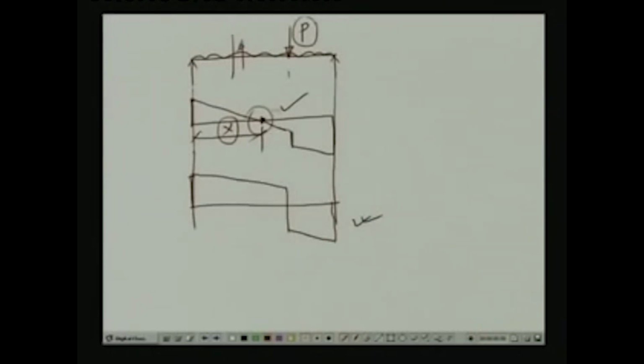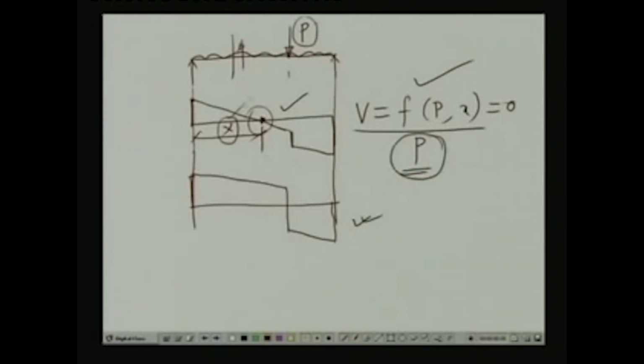Now, if we write down the expression for V, which is a function of P and the distance x, and set this equal to 0, correspondingly we can get a value of P. If we substitute the value of P which we get in the expression for x, we find that the value of x goes beyond the length of this particular beam. This indicates that this kind of diagram is not possible.